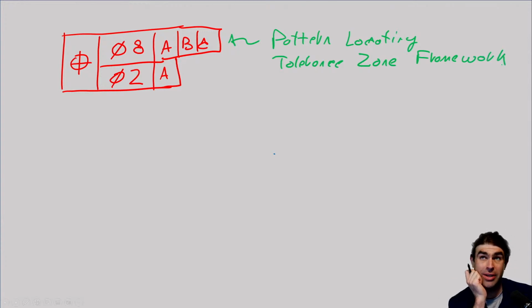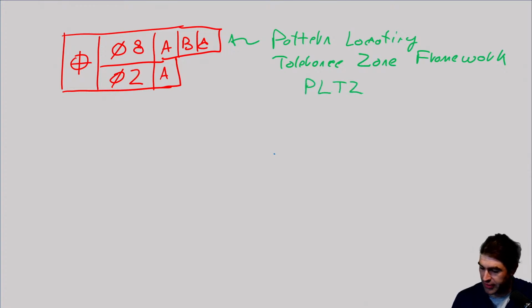The top is known as the Pattern Locating Tolerance Zone Framework. So PLTZF, right? An easy 5-letter acronym.